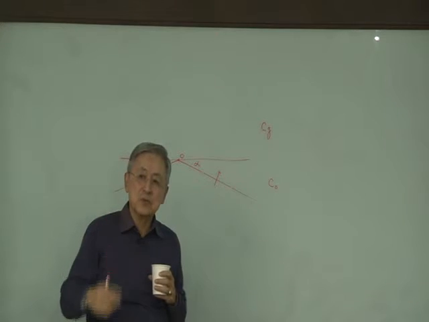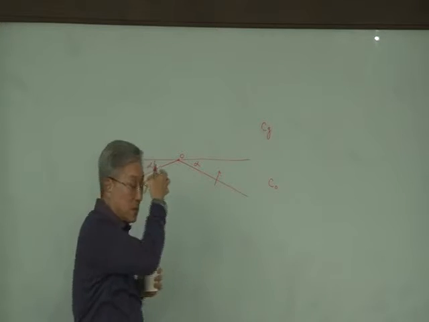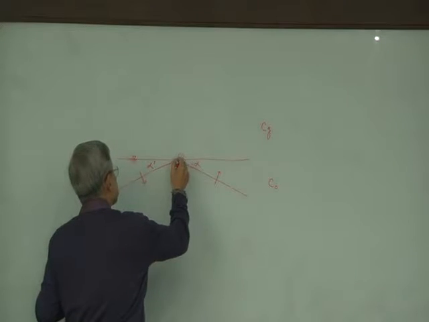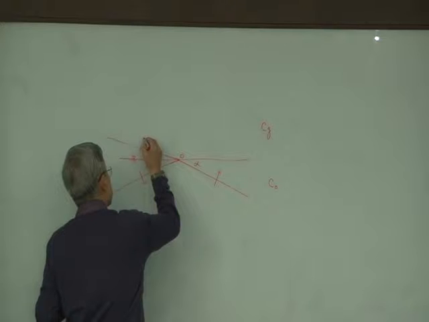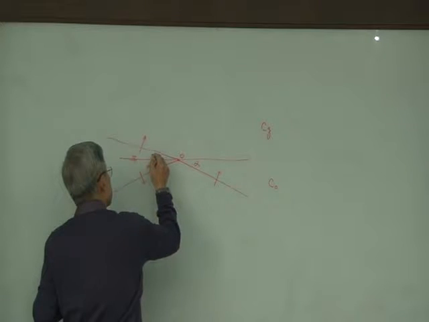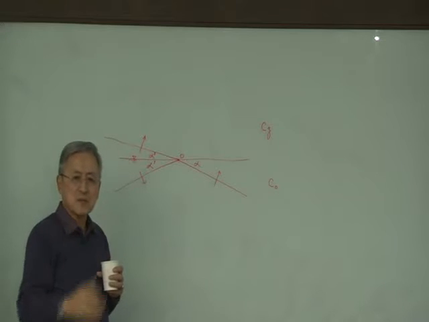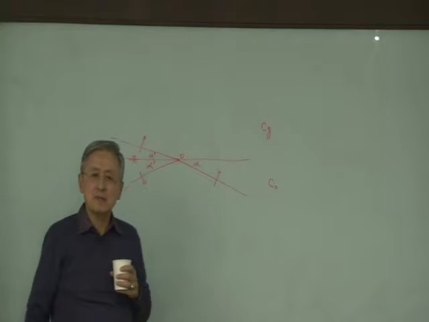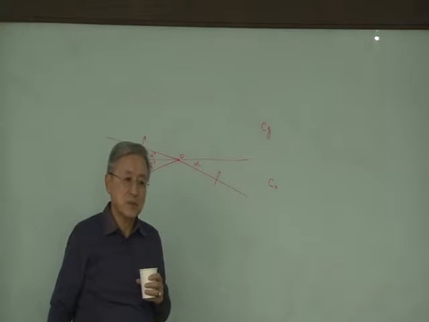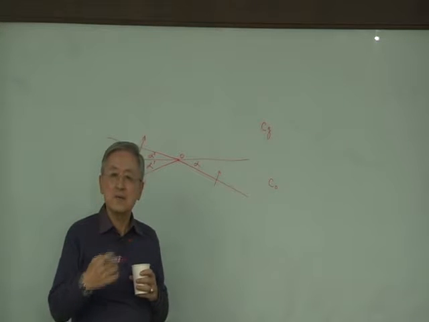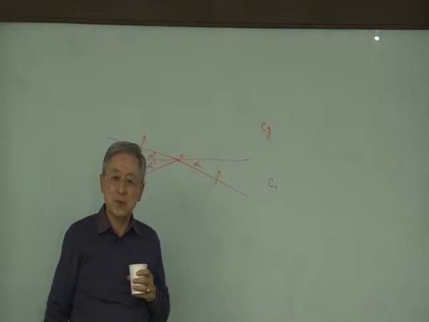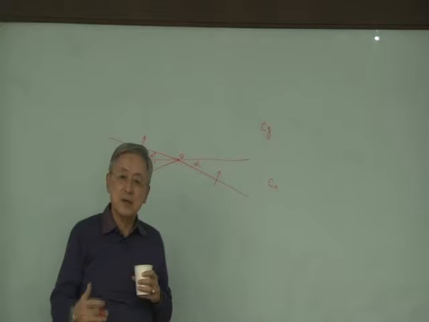So we put the transmitting wave. This is alpha double prime. Sometimes, as I recall, I use alpha G, but it's all the same, okay? So alpha prime, alpha double prime. Then we derive Snell's law.